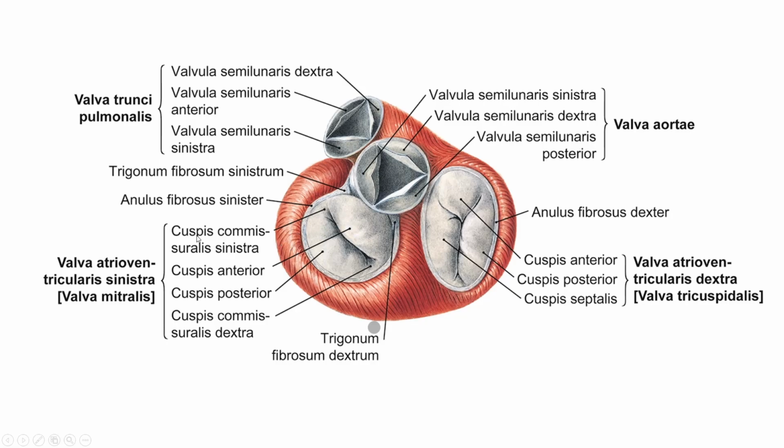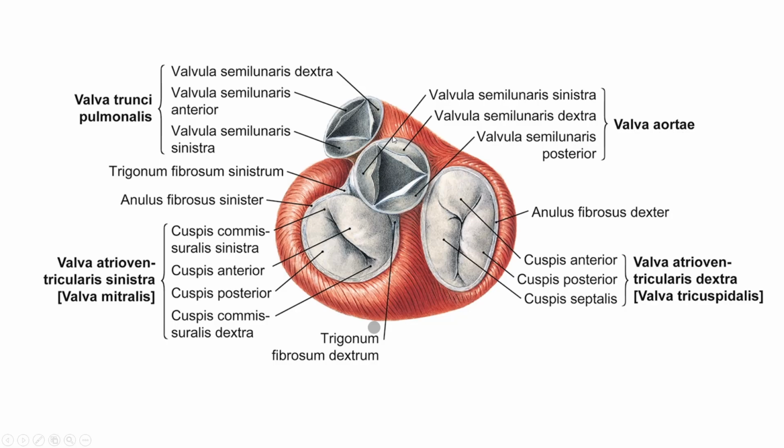Here we have 4 cuspis parts: the cuspis commissuralis sinistra, cuspis anterior, cuspis posterior, and cuspis commissuralis dextra. Here the trigonum fibrosum dextrum and trigonum fibrosum sinistrum surround the mitral valve. Then the valva atrioventricularis dextra, also valva tricuspidalis, has 3 parts: the cuspis anterior, the cuspis septalis, and the cuspis posterior.